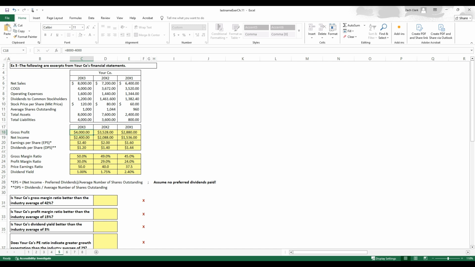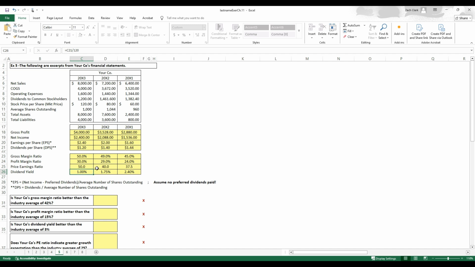And so essentially what we're saying in this ratio is, what is the return that you're earning from the dividends. So if you buy the stock at the price that we see it listed for here, $60, your return on this one, for example, in this year, would be 1% just from the dividends alone.